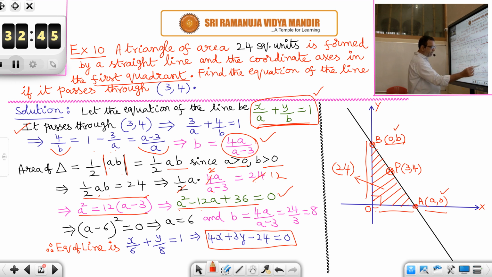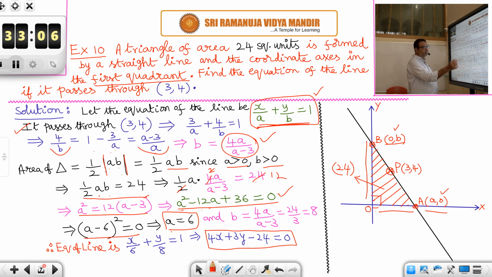You are expecting two values, but it is actually only one value, because this is nothing but a minus 6 whole square, a perfect square. So a is equal to 6 is the only value.